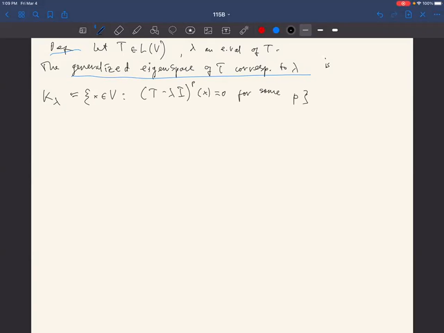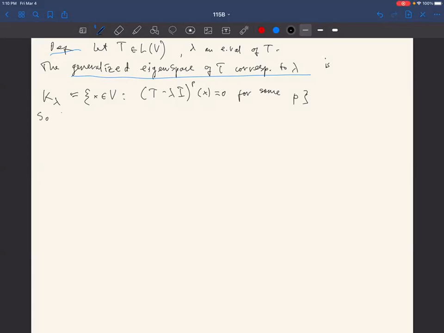Note that P can depend on X. For one X, you might have that this holds with P equal to 10, for another, it holds with P equal to 50. Doesn't matter. As long as there exists a P like this, which makes this 0, then we add X to this set K lambda. This is what is called the generalized eigenspace corresponding to lambda.